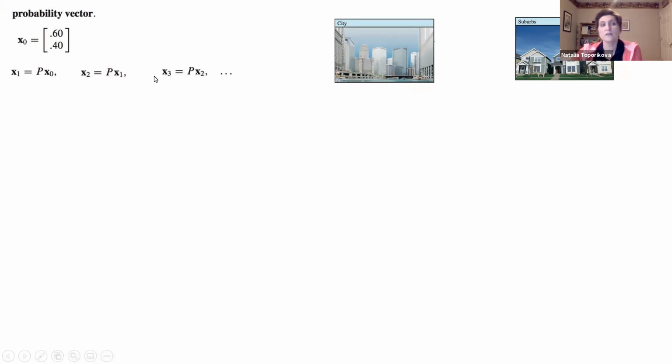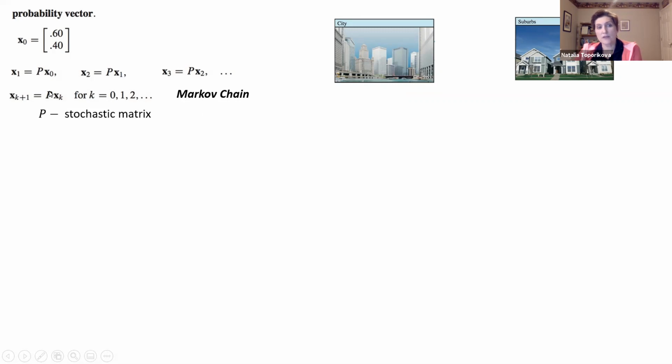When we calculate 3 years from now, 4 years, any number k, we can make a prediction for year k+1 using the data from year k multiplied by the probability stochastic matrix P. Usually this chain of events is called a Markov chain.